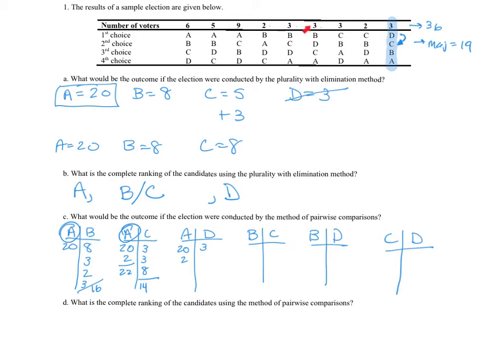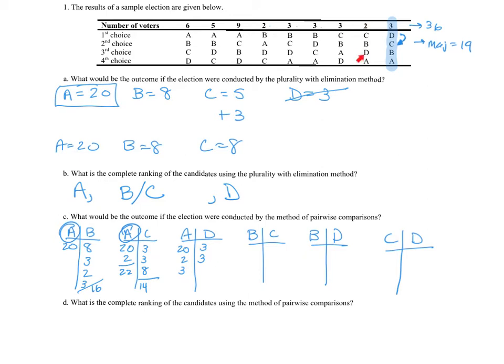Next column is this 3 right here. D is ranked higher than A, so I'm going to give 3 more votes to D. Okay, then this column, the last column of 3s, A is ranked higher than D, so I give those 3 votes to A. Okay, now we're on the 2.